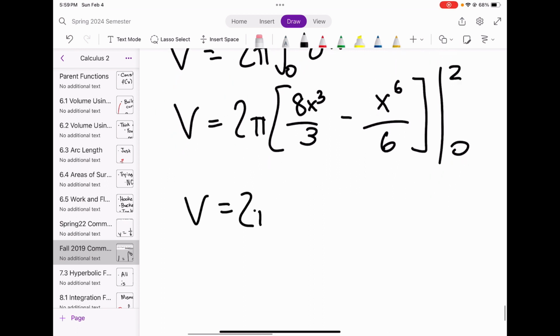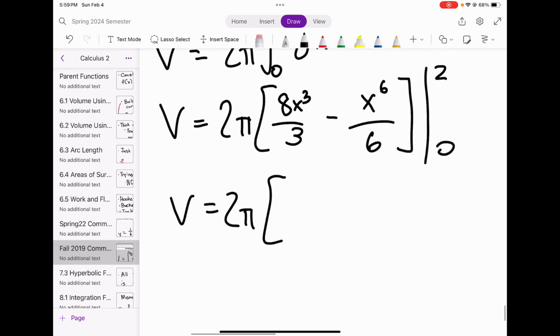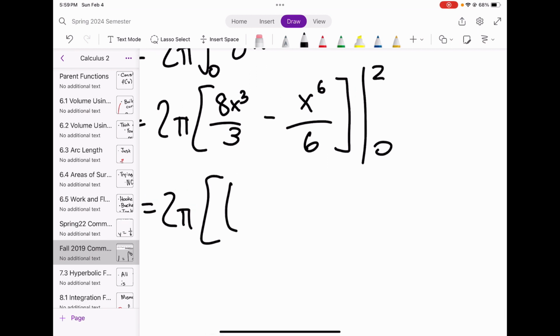V is equal to 2 pi. If you plug in 0 to any of this, it's going to be 0, so we don't need to worry about that.